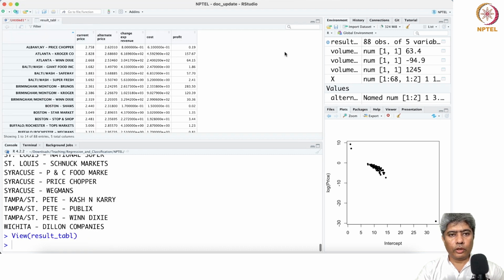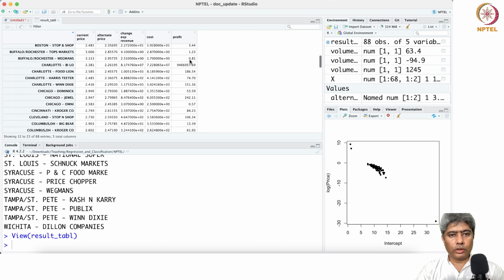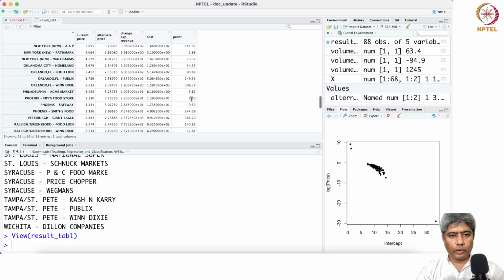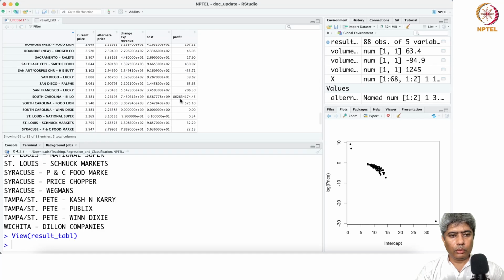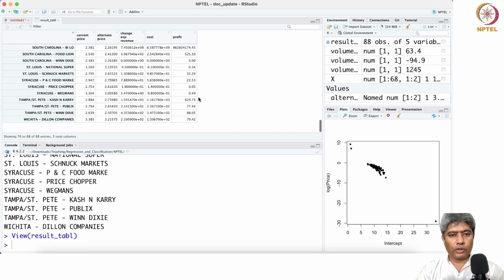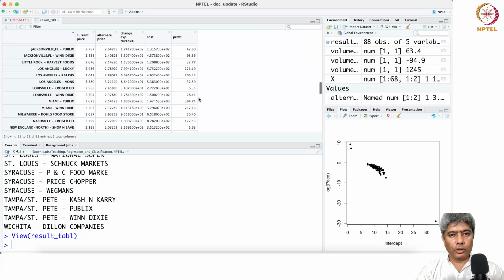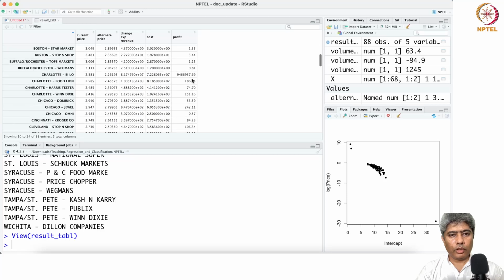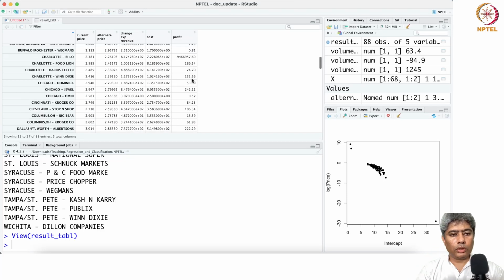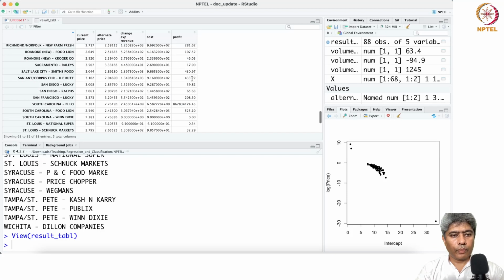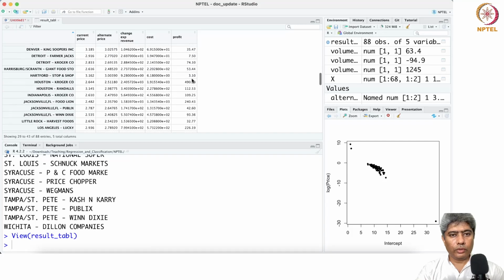Looks fine. Okay, here, for Charlotte below there is a huge profit coming up. Below is also giving us quite a bit of huge profit. So there is something to do with the below, Charlotte and South Carolina.